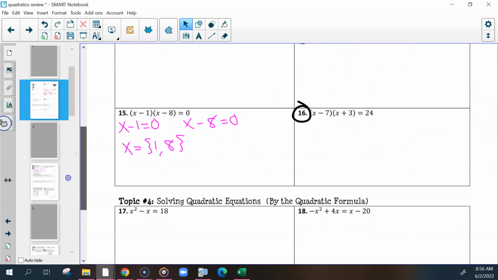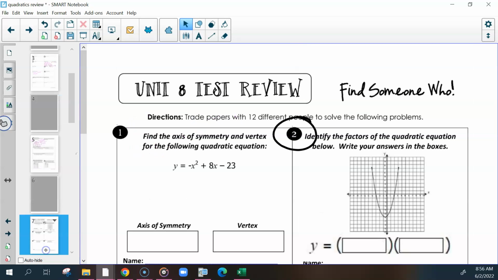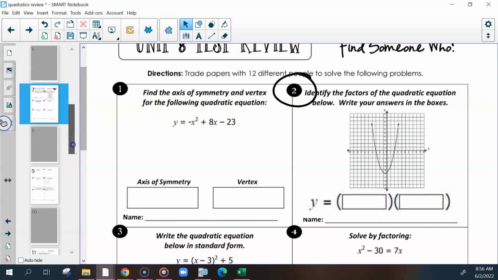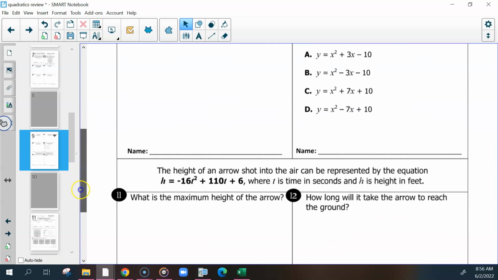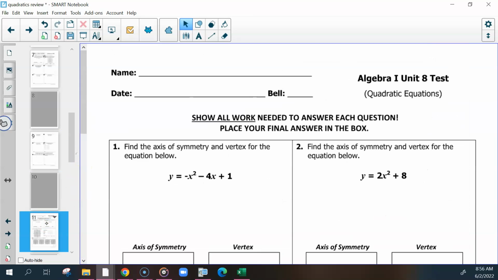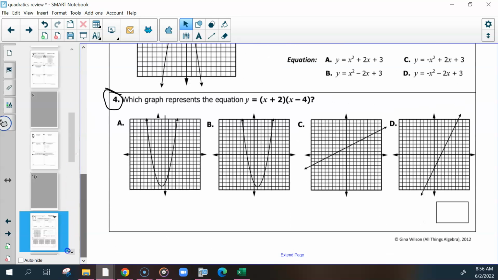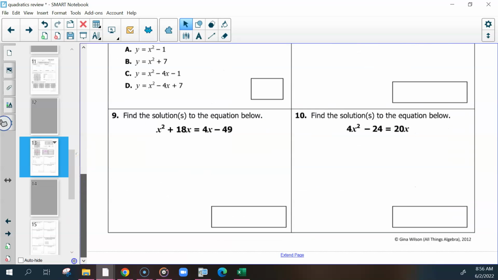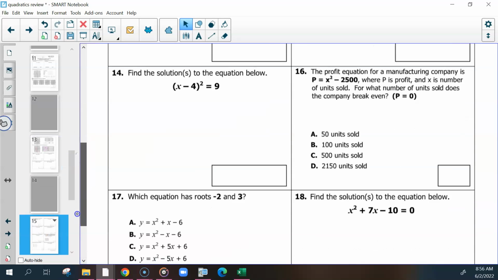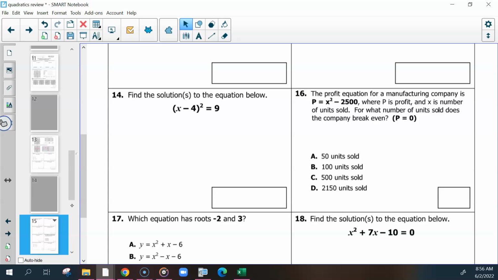You don't have this one? This one? Yeah. Put the x out.